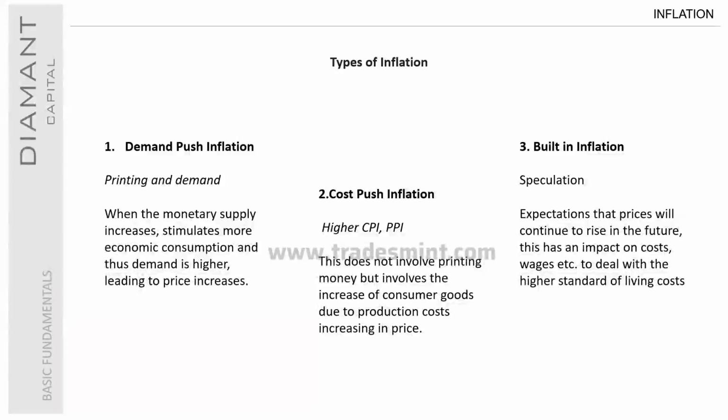And then eventually raising interest rates in the future. And what a lot of traders, and essentially the economy, will try to do is price that in before it even happens. So that's what we call built-in inflation, where it's inflation that we're expecting to happen soon, but it's already been building up due to that speculation.